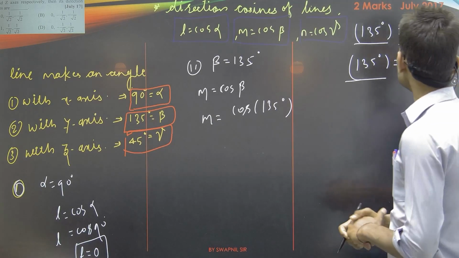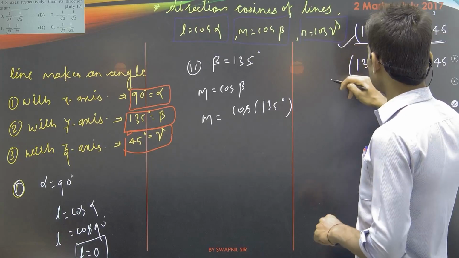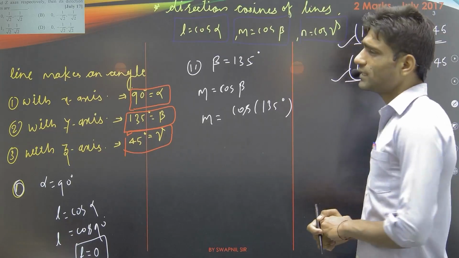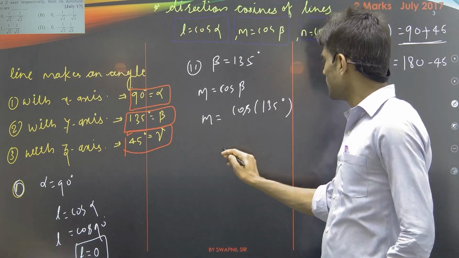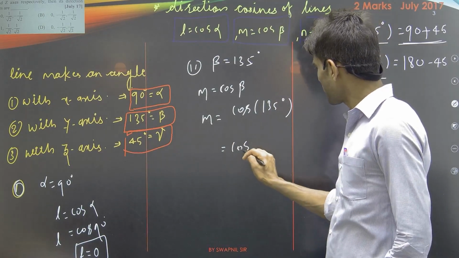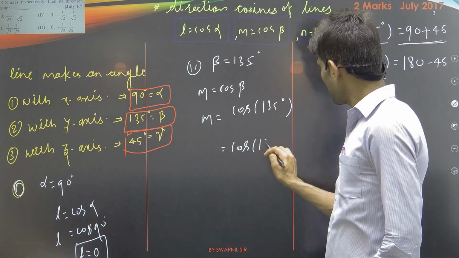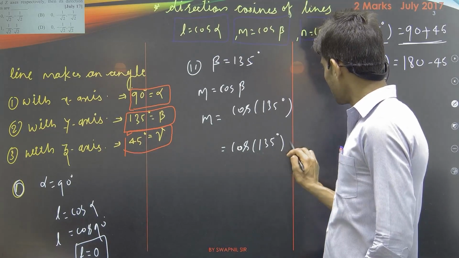So you may use either of these, as addition or subtraction, for finding cos 135 degree.